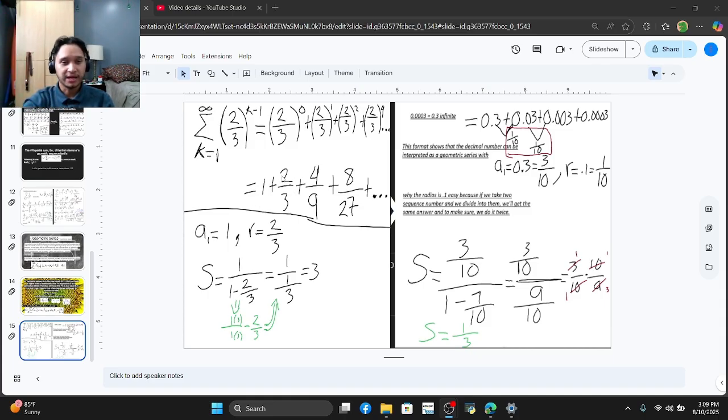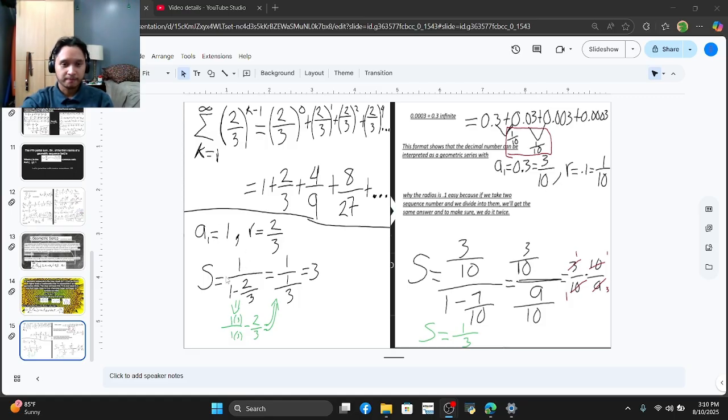In this case, the 2 and 3 has to be up and the 1 has to be on the bottom. So we will have the same 2 over 3. You can do this if you want, but the radius is this as we explained before in the geometric series. So we will do that.